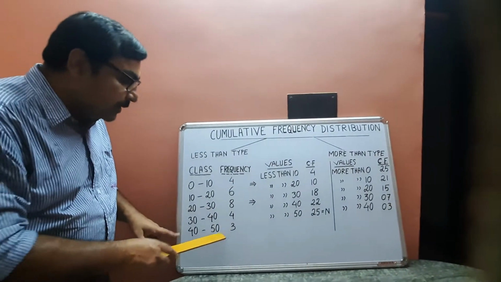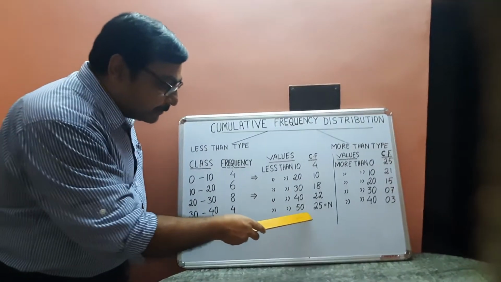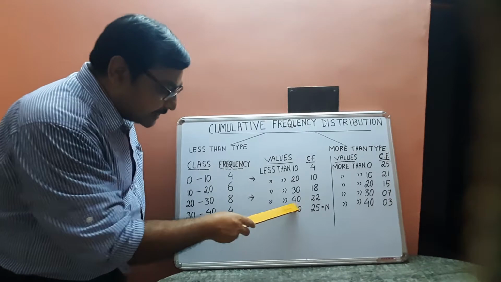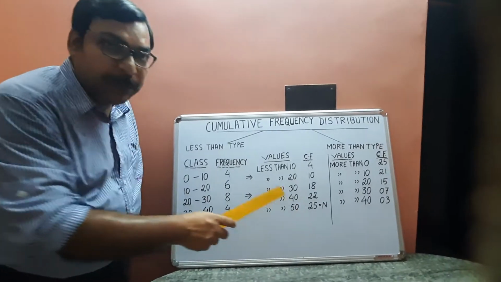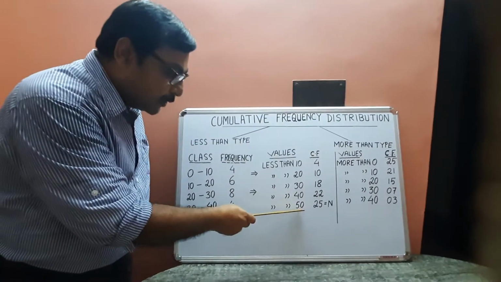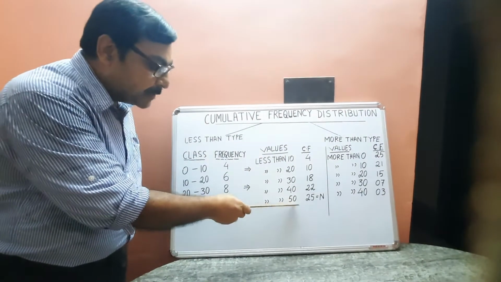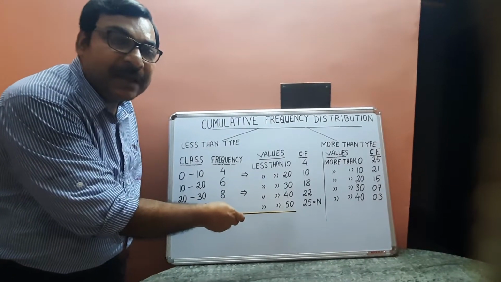Last class will be 40 to 50 because less than 50 is 25, so we will go up to 50, we cannot go beyond 50. If less than 50 is the value, then our last class should be 40 to 50. 50 will be the upper limit of the last class.